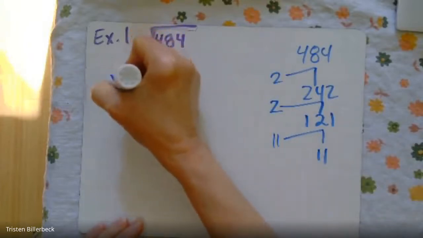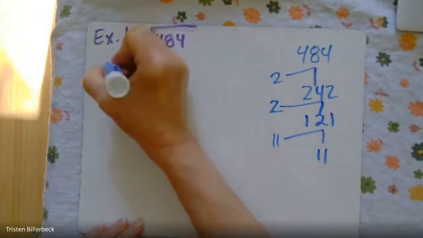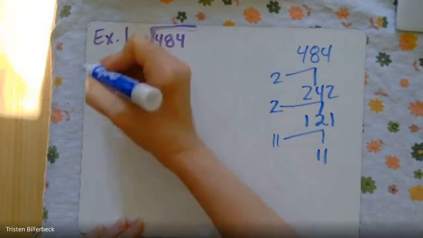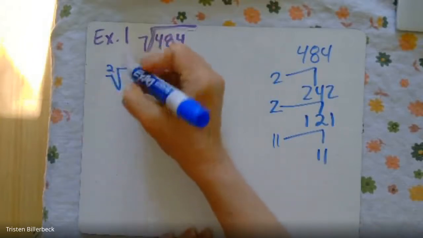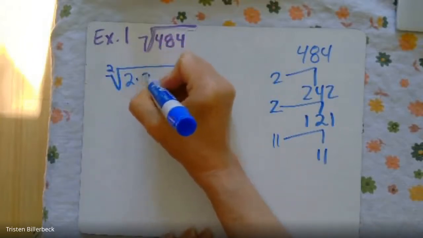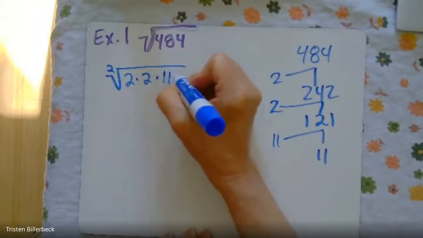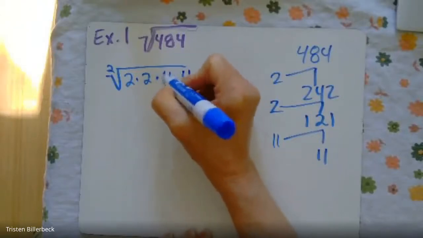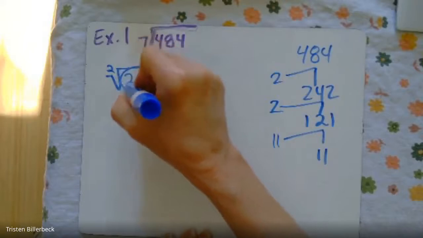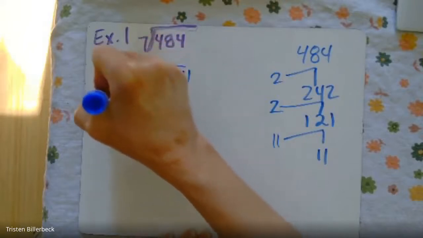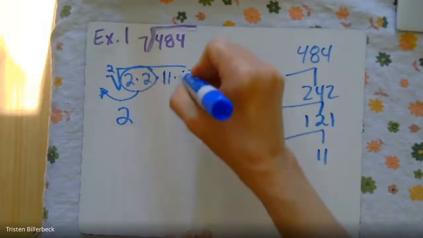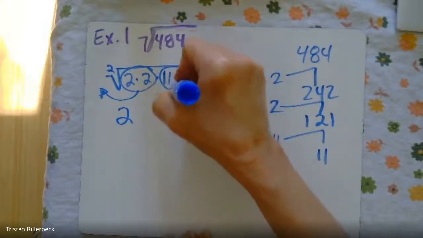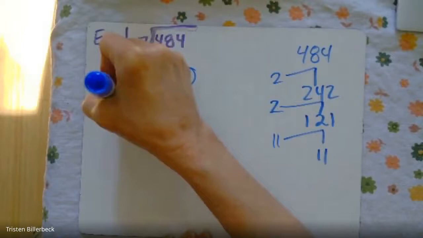So if we were to break this square root house, and there's really a little 2 there, it means you can't leave home unless you leave in pairs. So then you have 2 times 2 times 11 times 11. This group of 2s gets to leave as a united front of 2, and then the group of 11s also get to leave the safe house.